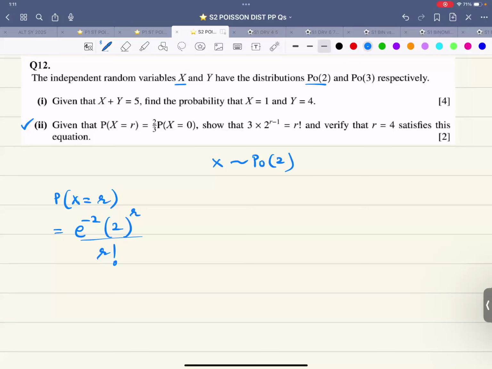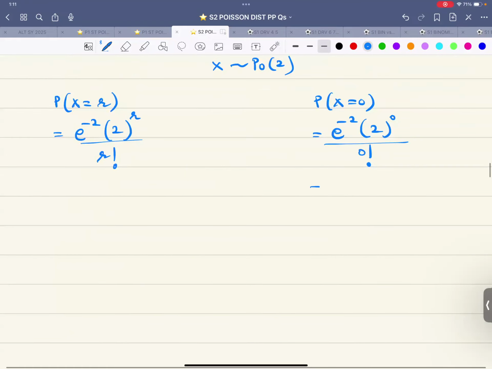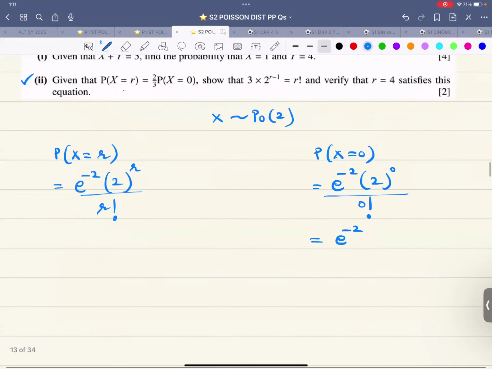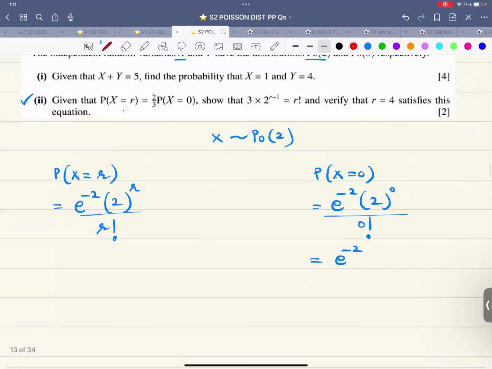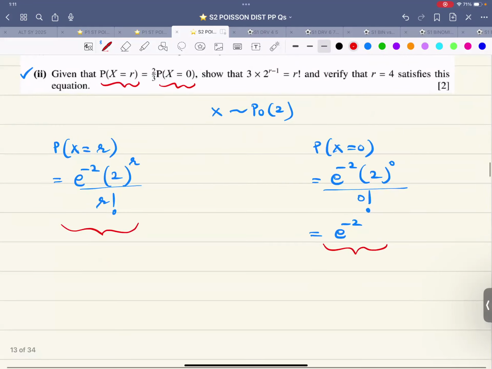So I calculated this separately. Probability x is equal to 0, that is e raised to power of minus 2, 2 raised to power of 0 over 0 factorial, which simplifies to e raised to power of negative 2. Now it's saying probability x is equal to r is 2/3 of probability x is equal to 0.